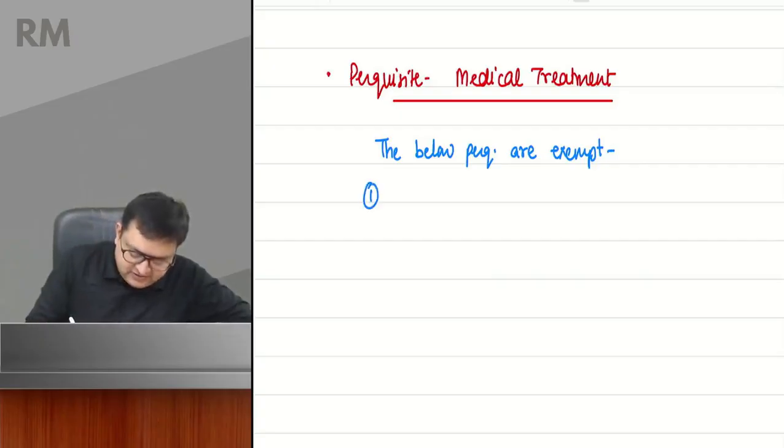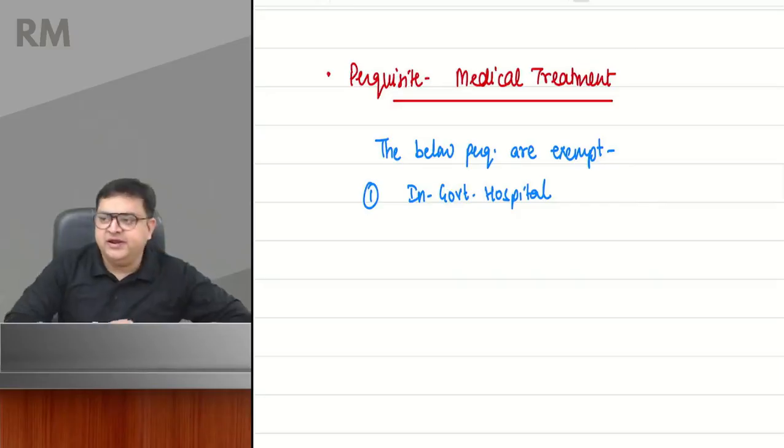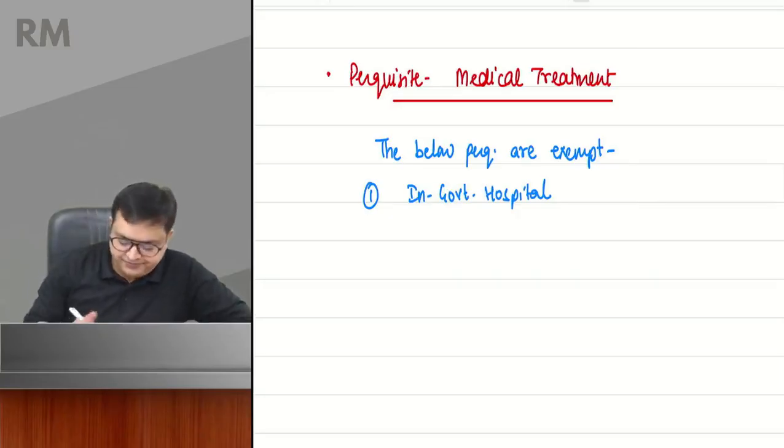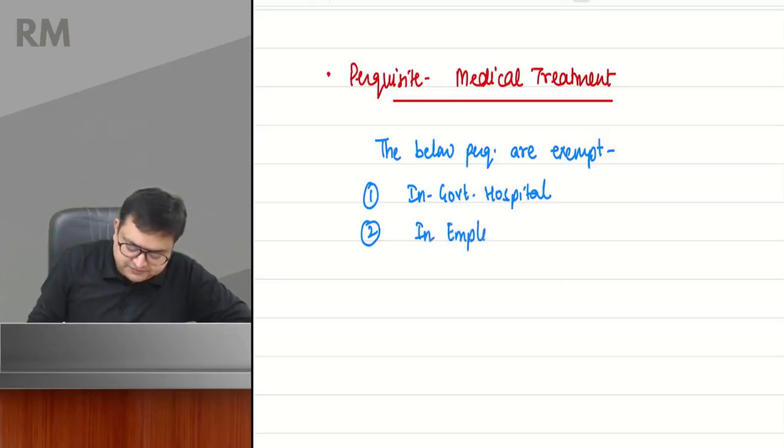First is treatment in government hospital. So write in short so that you can identify. Whenever the treatment is in a government hospital, it is an exempt perquisite. Second, treatment in employer hospital, it is also perfectly exempt.